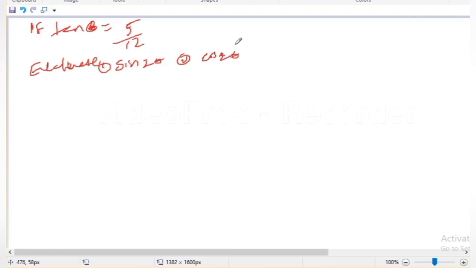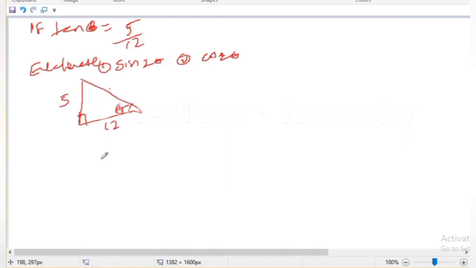If this is this, so what you are to do here is look at this. Now what is tan theta? Tan theta is, if this is angle, opposite over adjacent. So you use Pythagoras theorem to get this.